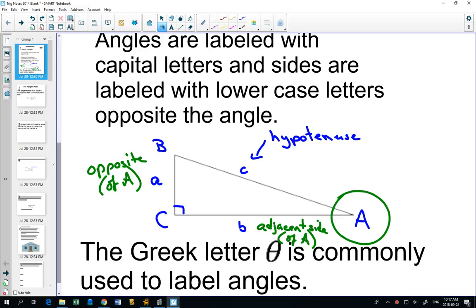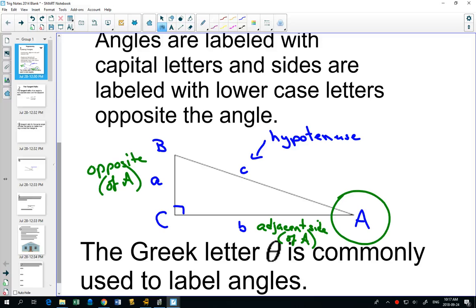Adjacent in the English language means next to, right? If you're sitting in the cafeteria, your friend probably doesn't ask you, who did you sit adjacent to? They just say, who did you sit next to? But we use the word adjacent a lot in triangles.